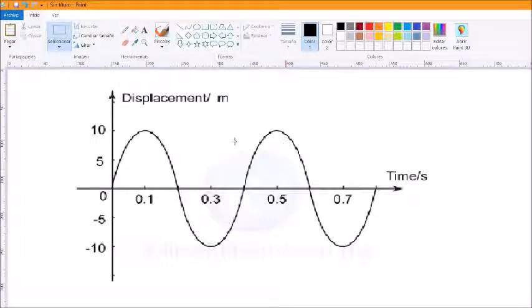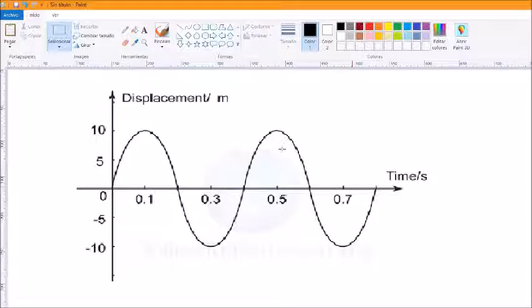Amplitude is defined as the maximum displacement from equilibrium position. But what is equilibrium position, also called equilibrium point? It is the position the system will take if there were no oscillations, and it was at equilibrium. So here, as you can see, if there were no oscillations, the equilibrium position will be the straight line of the x-axis.